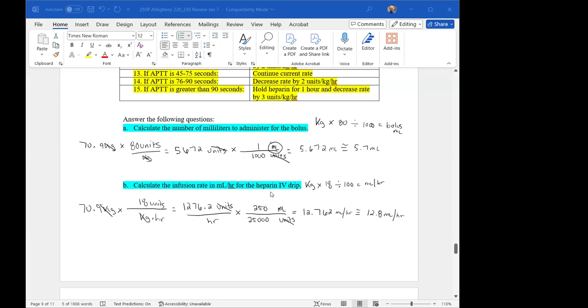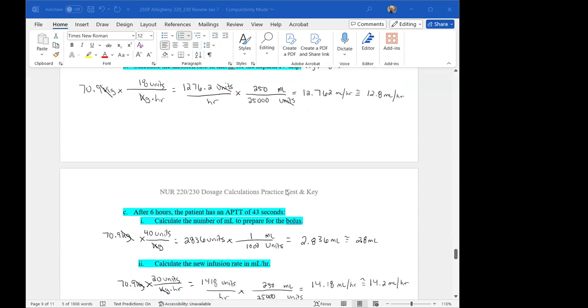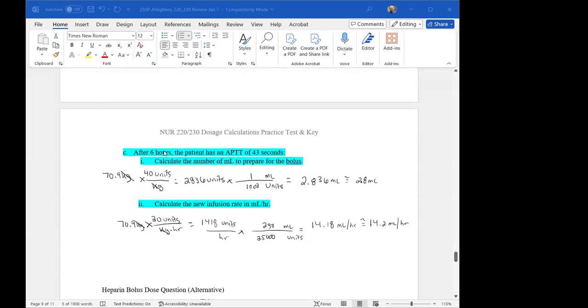Now, for practice purposes, I added these other components here. Basically, what this says is after the patient's been on the heparin protocol for a period of time, so 6 hours, they reassess. They look at the APTT to see if the patient is clotting prematurely, are they good, how are they responding to the heparin protocol?